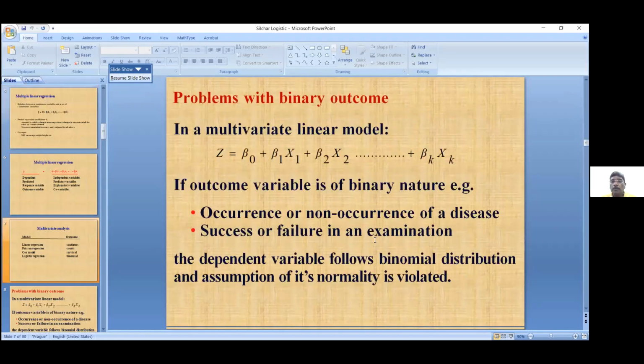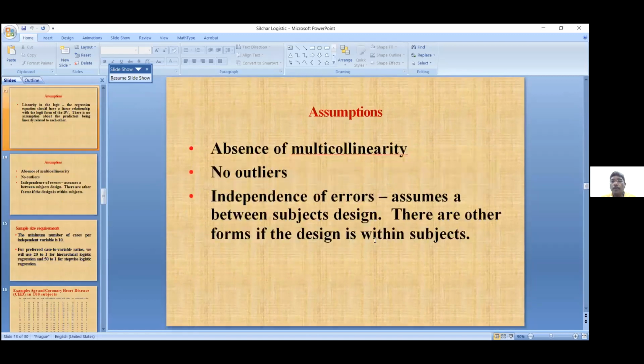And one more thing, suppose we have a 2x2 table. Then you'll get the odds ratio. Let me show the slides.